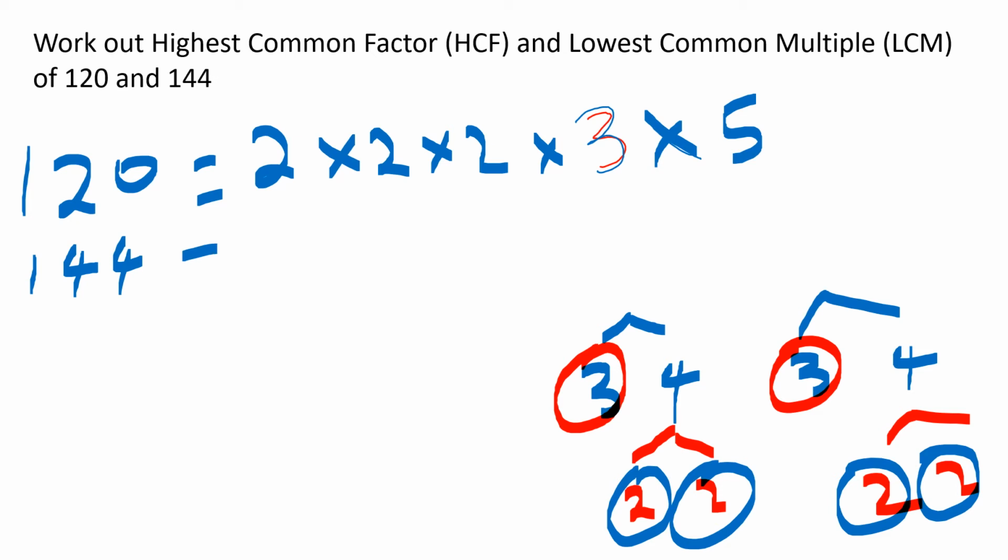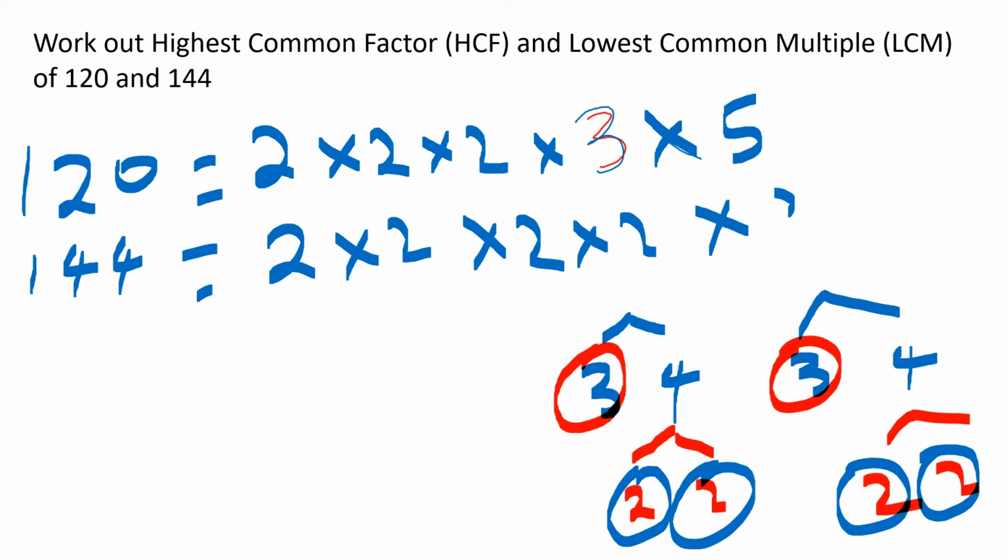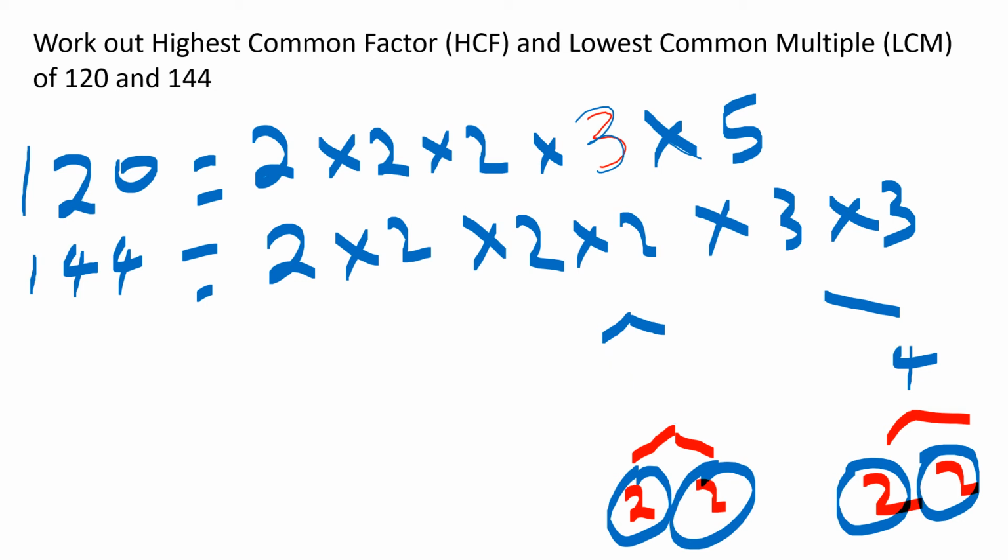And then for 144 we have 2 times 2 times 2 times 2 times 3 times 3. Now we can rub this off.